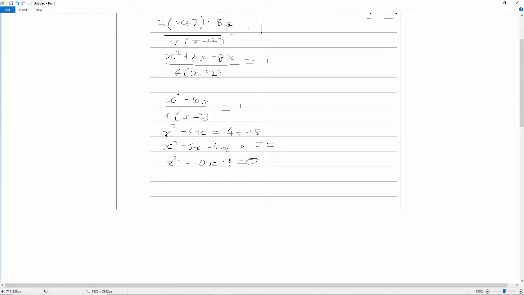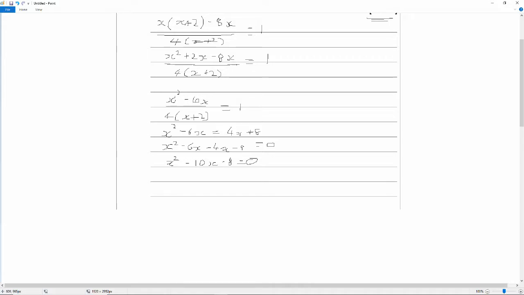So just to be really quick, two numbers that add together to give negative 10 and multiply together to give negative 8. 8 comma 1, 4 comma 2. Nah, that's just not going to happen. Okay, so I'm just going to shove this into the quadratic formula.